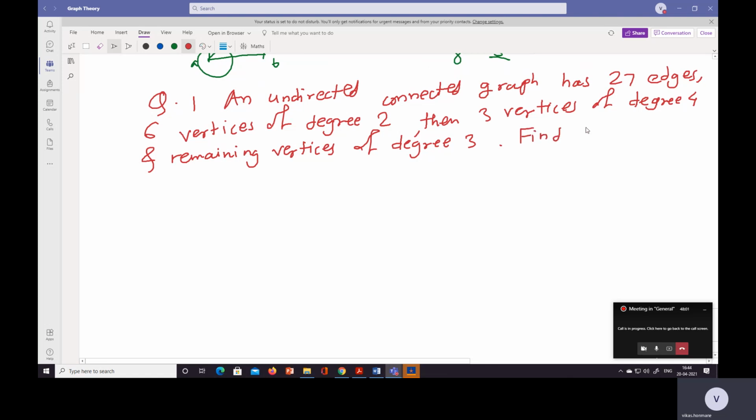Here edges are given. Find the number of vertices in the graph. So we have to consider the handshaking theorem. So what is the handshaking theorem?